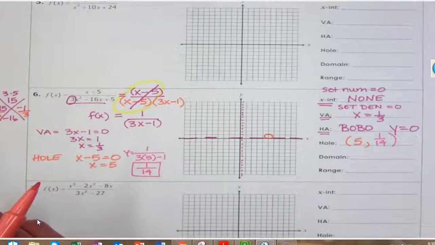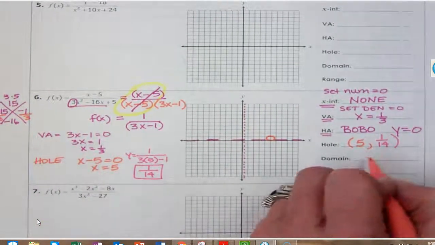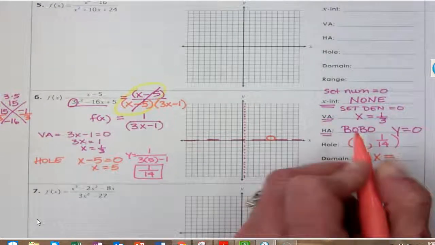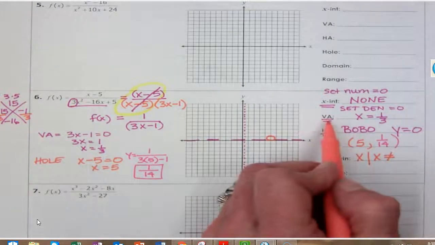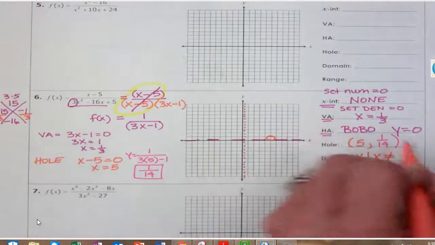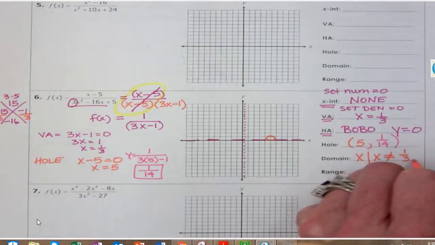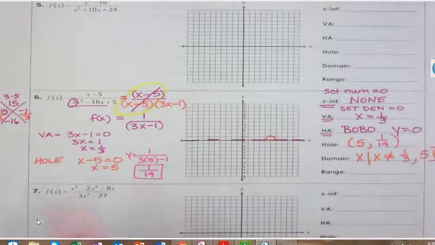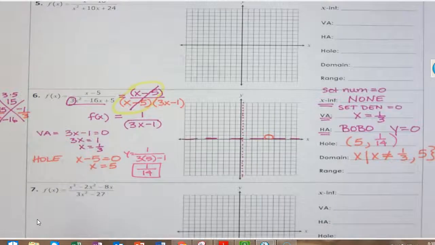So now when I'm counting at my domain, x is going to be the set of all real numbers where x does not equal my vertical asymptote, which is 1/3, or my hole. But it will match, it'll make all the other numbers.